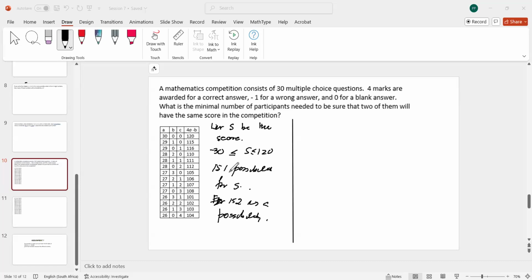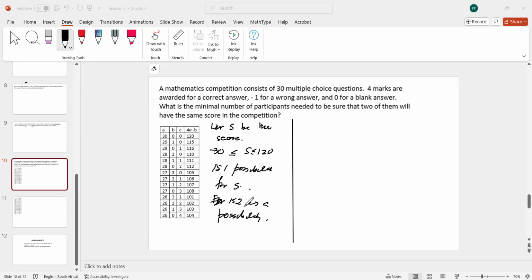Because you've got 151 possible scores, in the worst possible case you will have all different, but that last number has to be given to a new person. So you'll have 2. You'll have repeats.